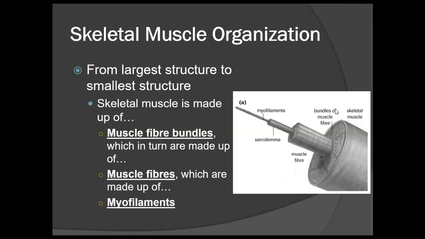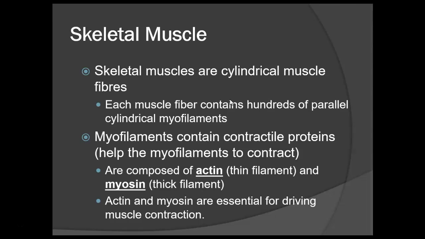So at some point I'd like you guys to be able to reproduce a diagram like this or interpret a diagram like this, saying that there are bundles of muscle fibers in one big skeletal muscle, and that bundle is made up of a whole bunch of little myofilaments. Now this sarcolemma, don't get too much caught up on it. It's just a surrounding, a casing for those myofilaments to protect them and nourish them in some ways.